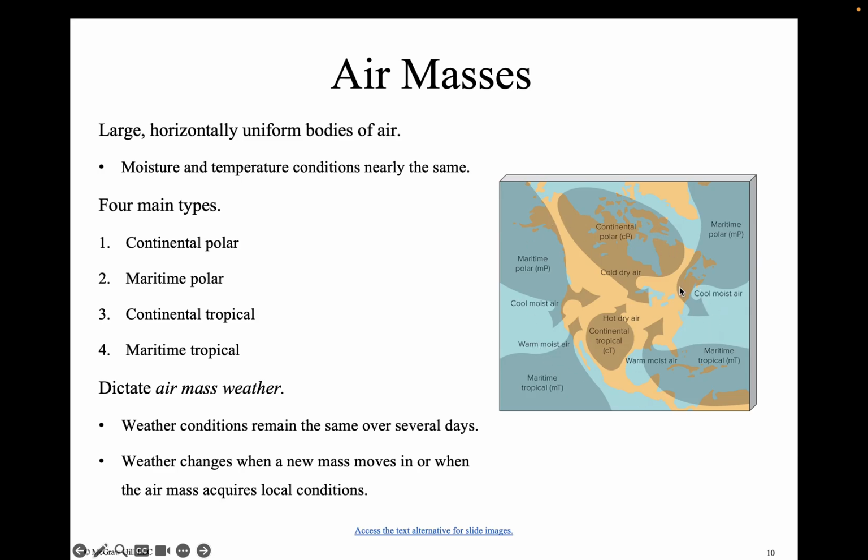You can see some of these air masses represented in this picture here. For instance, you have the continental polar air mass: continental means that it is dry, polar means that it is cold. And you have here the maritime tropical that comes from the Gulf of Mexico: tropical means that it is warm, and maritime means that it is humid.